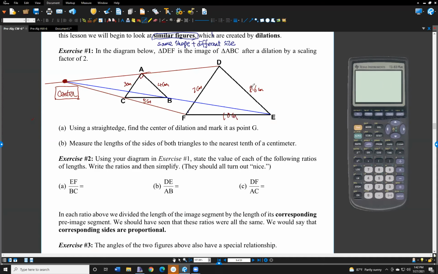This is a mistake, right? So they're going to use 8 centimeters and 6 centimeters, because this is exactly twice. You know that every corresponding side is times 2, right? 3 centimeters times 2 is 6, 4 centimeters times 2 is 8, 5 centimeters times 2 is 10, right?